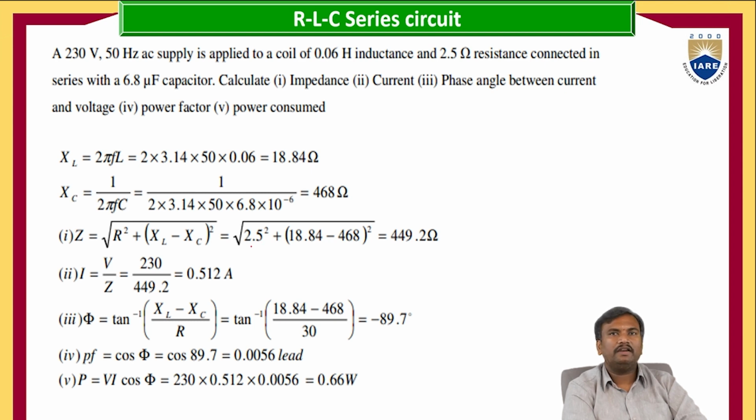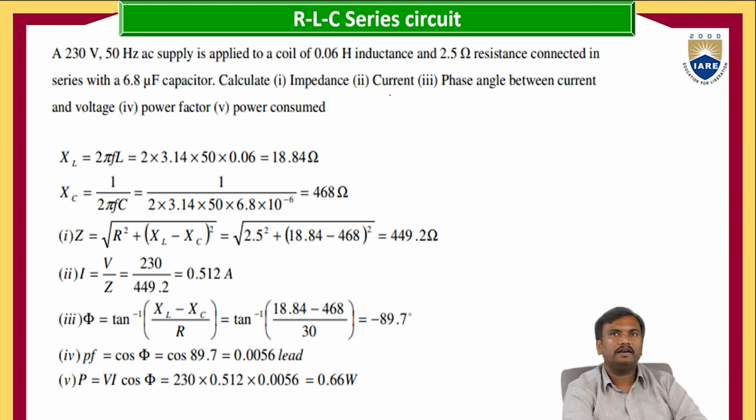So the value is 2.5 square plus 18.84, the inductive reactance we got, minus 468 whole square, which is equal to 449.2 ohms.